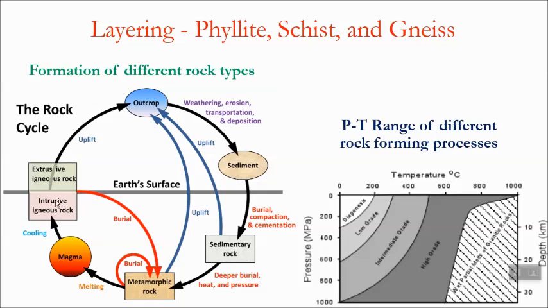If it solidifies inside the crust, it will form intrusive igneous rock, and if it comes out to the surface, it will form extrusive igneous rock. This kind of igneous activity will lead to the formation of island arcs or continental arcs. These are the things which we have already seen during our plate tectonic discussion.